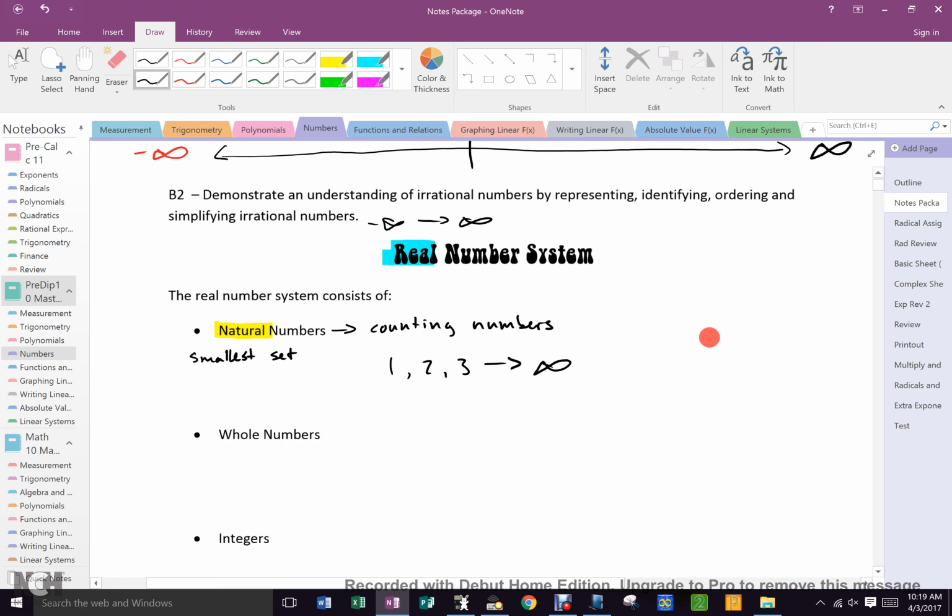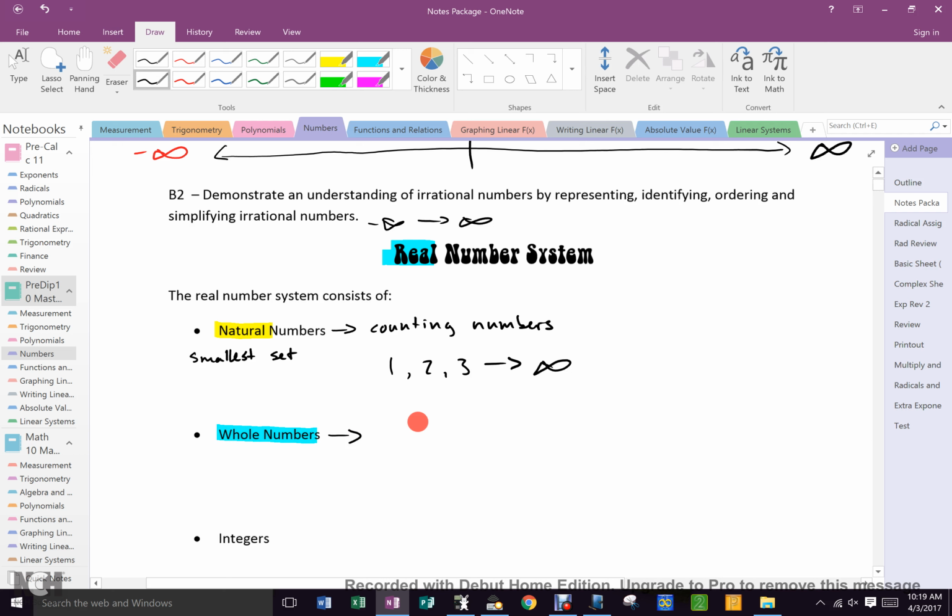Everybody cool? Those are the natural numbers. Now, next year in IB, they will give this a one-letter abbreviation. But I can't remember what it is. I'll get back to you tomorrow. Okay? The next set, which is the next smallest, are whole numbers.